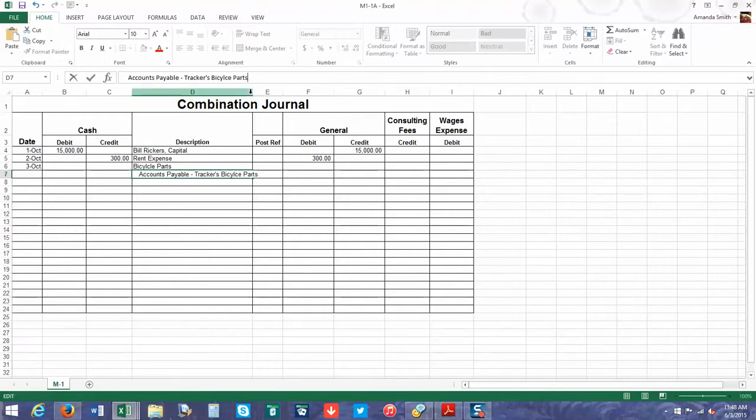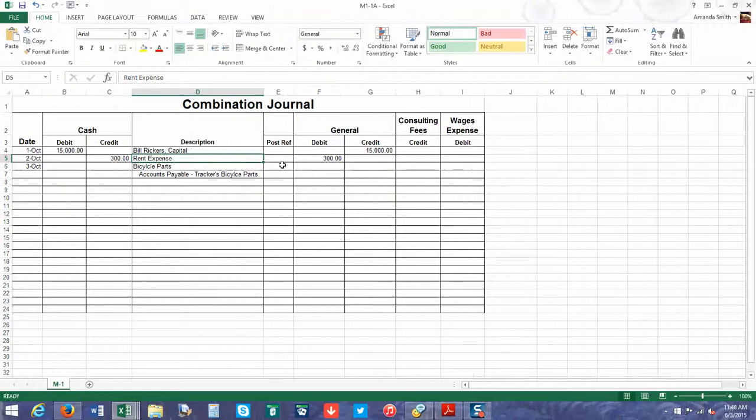So let me make this one a little bit bigger. And then it was for $2,000. So we're going to debit our asset and credit accounts payable.